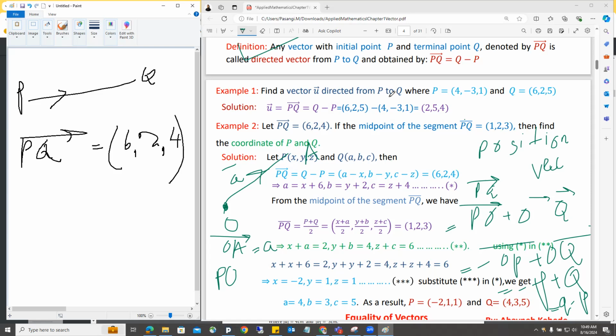How are we going to calculate the midpoint of the segment? So the midpoint would be what? Midpoint means? Middle. Middle, okay. How are we going to calculate that one? What do you think?